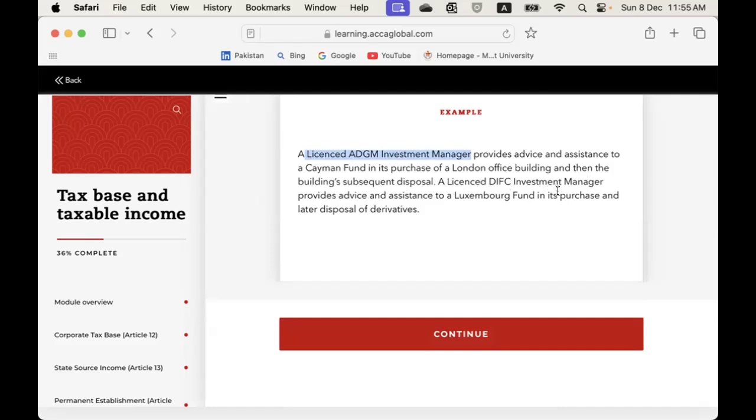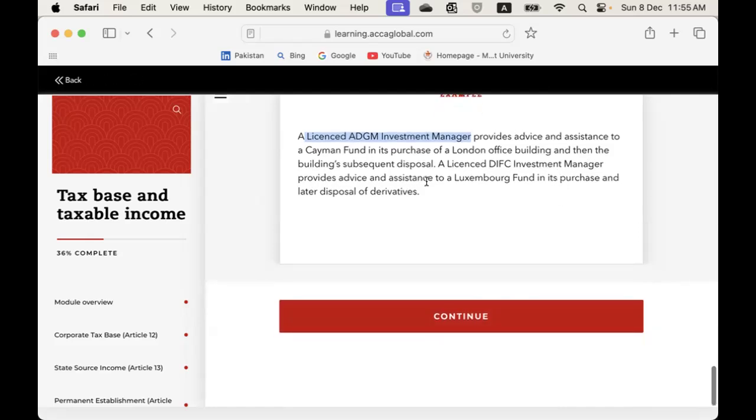A licensed DIFC investment manager provides advice and assistance to a Luxembourg fund in its purchase and later disposal of derivatives. So this is derivatives, and this is the purchase of an office building. These are all examples of transactions that would hold well in the context of an investment manager's business.